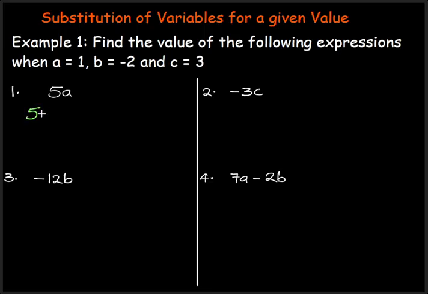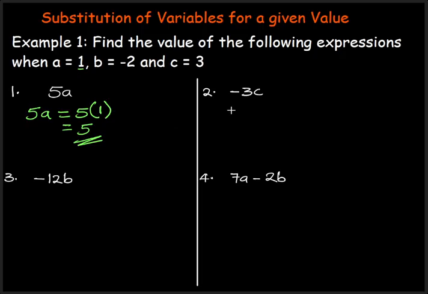So let's see what we have. 5a is equal to 5, you can say times, but I will use bracket. 5 bracket. Our a is what? Our a is 1. So 5 bracket 1. Remember, bracket means multiply. What is beside the bracket is multiplying whatever is inside the bracket. So 5 bracket 1 means 5 times 1, which is equal to 5.